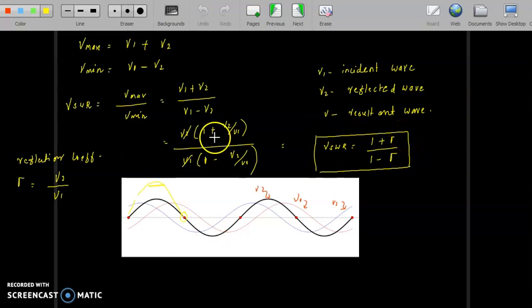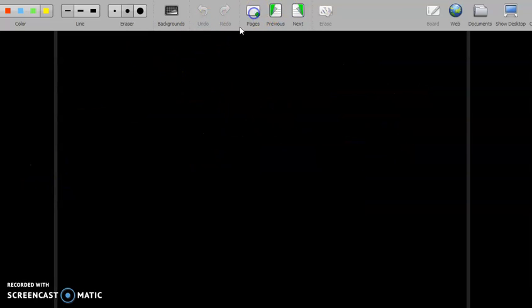Now let us see what the value of VSWR would be at different values of the reflection coefficient. The maximum value of the reflection coefficient is 1 and the minimum value is 0. If the reflection coefficient is 1, then VSWR becomes 1 plus 1 by 1 minus 1, so it becomes infinity.